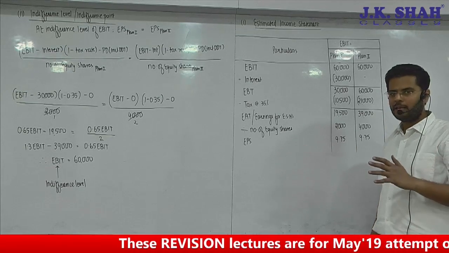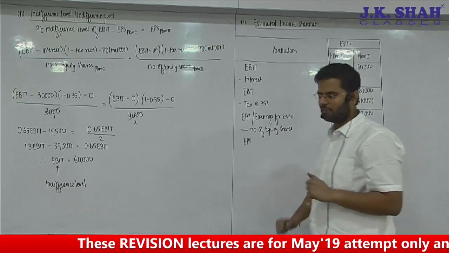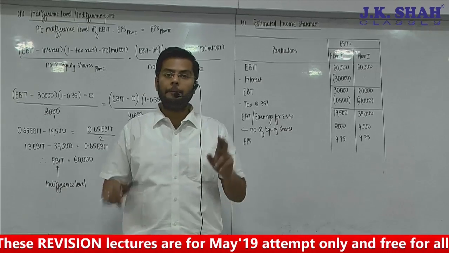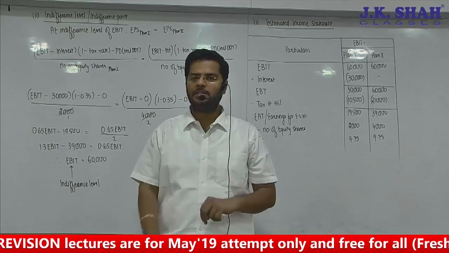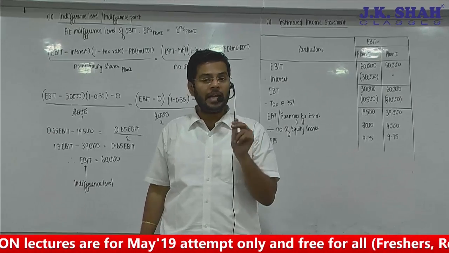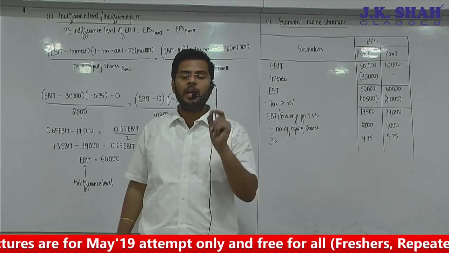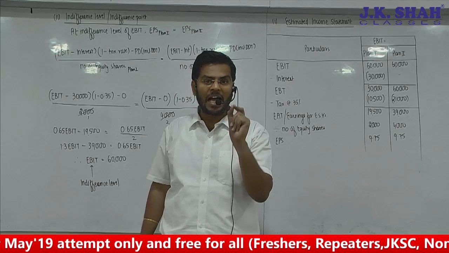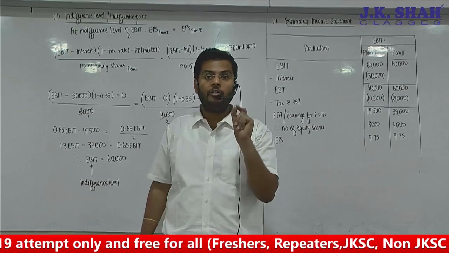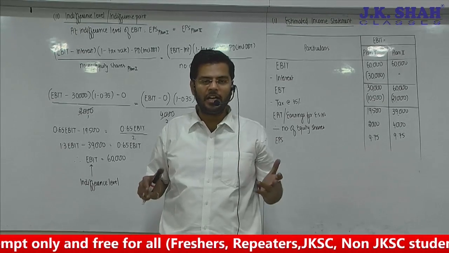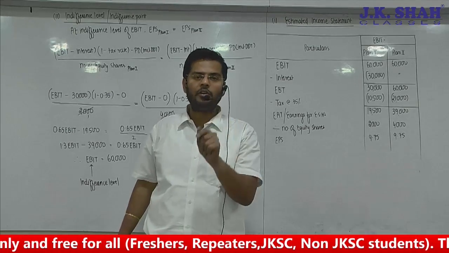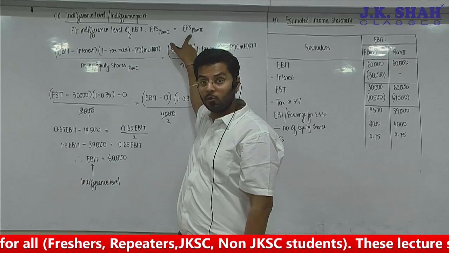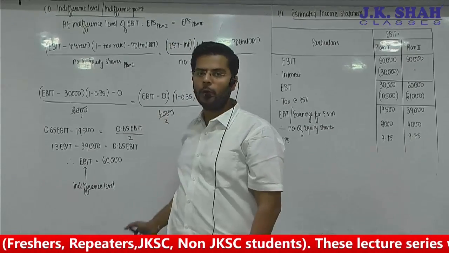Are you following what I'm saying? So let me summarize my discussion about indifference level or indifference point between two plans. You need to remember, you can be indifferent between two plans at that special EBIT where, at that level of EBIT, EPS of plan 1 equals EPS of plan 2, and that is calculated in the following manner.